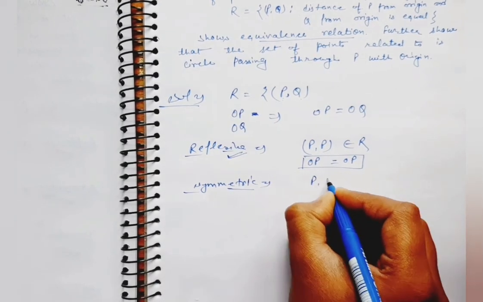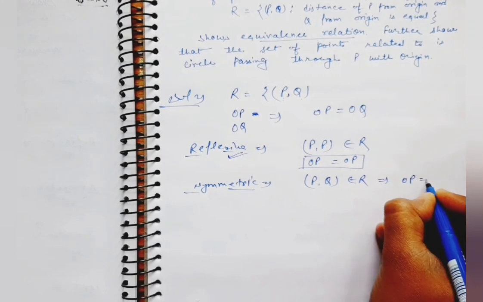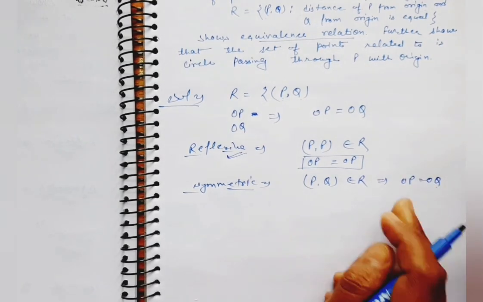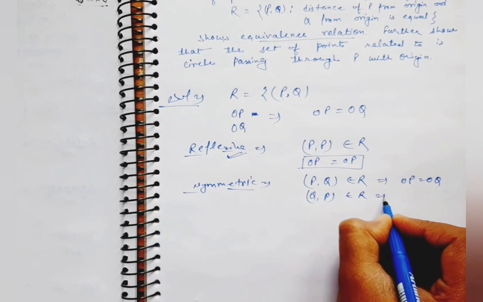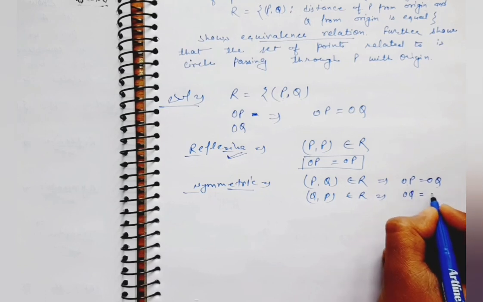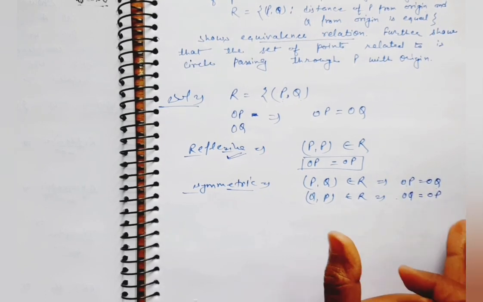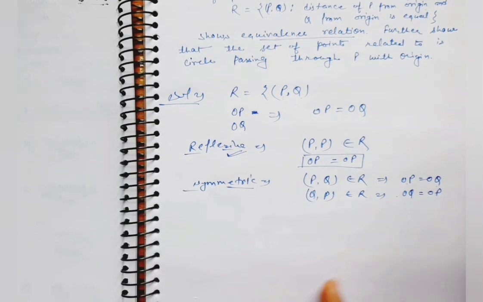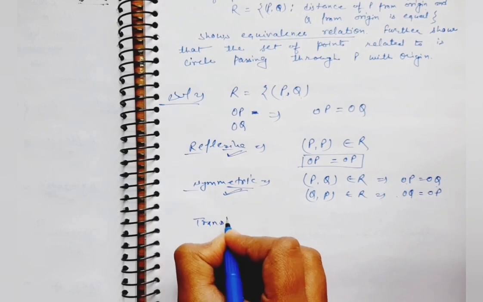Now symmetric: (P, Q) belonging to R means OP is equal to OQ. This is clear. So (Q, P) also belongs to R. Obviously if OP is equal to OQ, then OQ is also equal to OP. They are equal. The reverse is also true. So they are symmetric also. The next one is transitive.